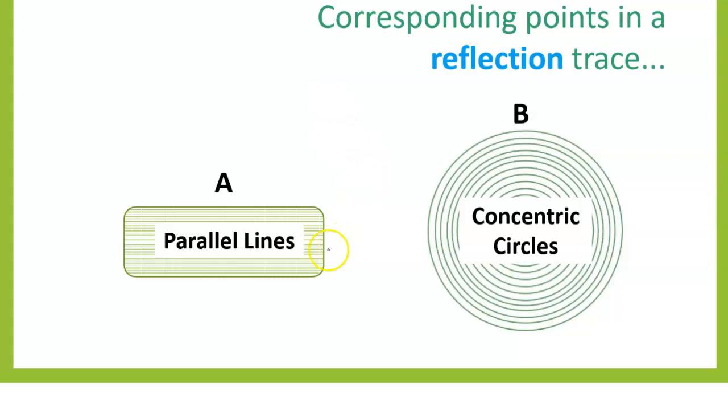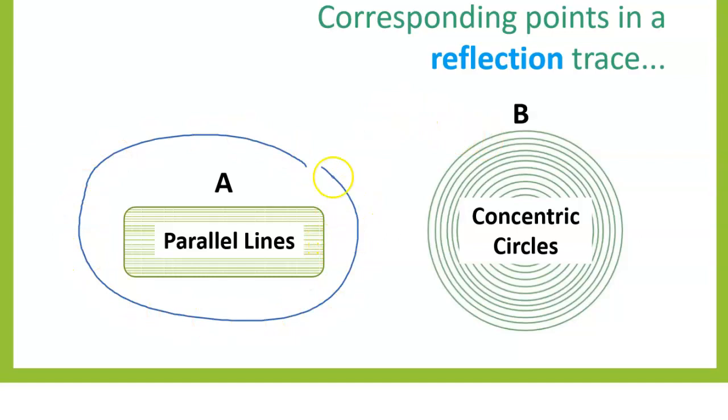Would you guess those make parallel lines or concentric circles? Since they are the same distance away from the line, they make parallel lines. They're not going around a central point. They're straight line distances from a line.